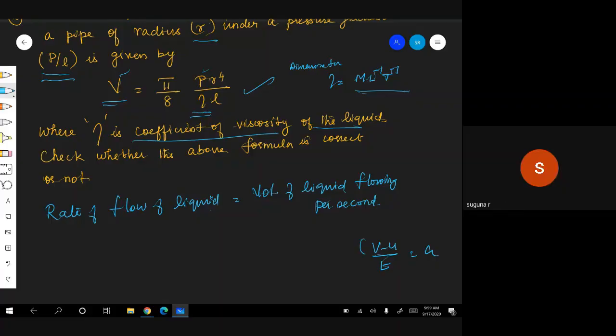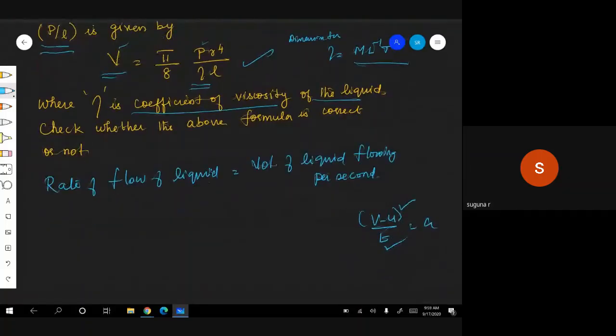Divided by time means rate of change of velocity. Here velocity is changing with respect to time. But the same change, change in velocity with respect to length, distance.